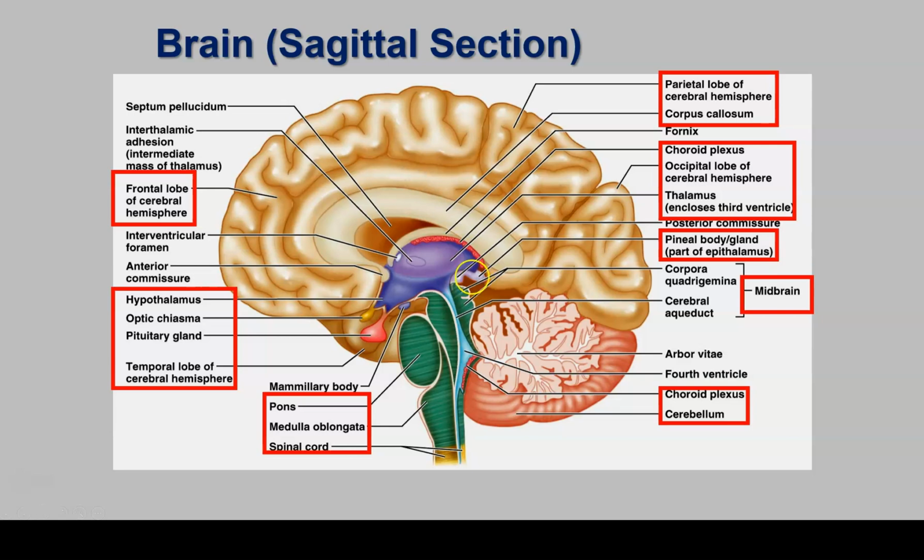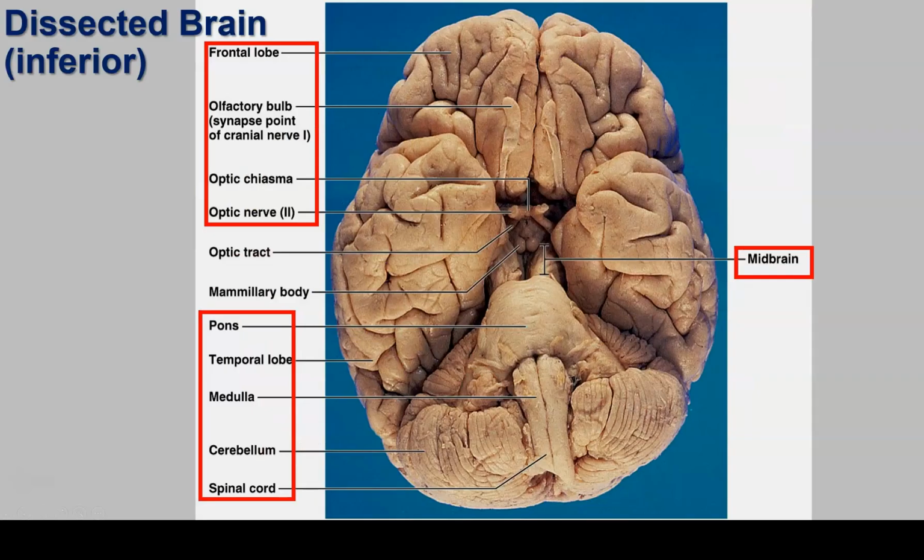The pineal gland is also sometimes called the epithalamus. Now, if we go back to the hypothalamus, and hanging off of the hypothalamus, we have the pituitary gland. Pituitary gland is not part of the brainstem. It's just attached to it. Let's go to the next slide.